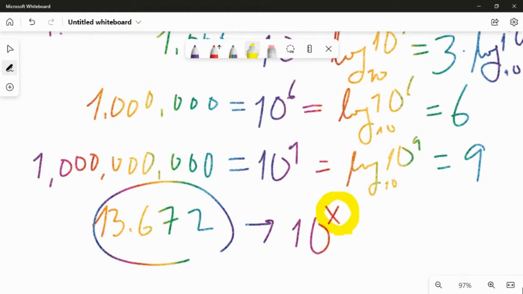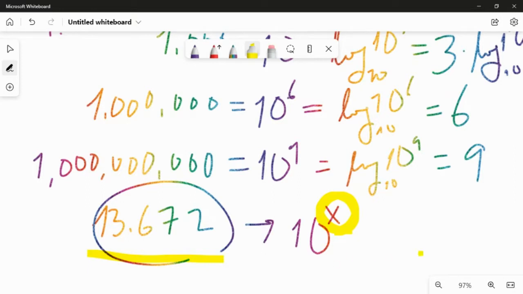But again, if the number here is some power of 10, we can easily visualize, right? But it obviously puts limitations on the choice of numbers we can turn into log, right? It's not that it is impossible, but it's just not easy to guess what that x will be.